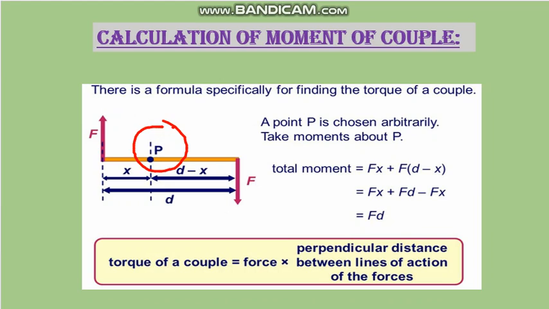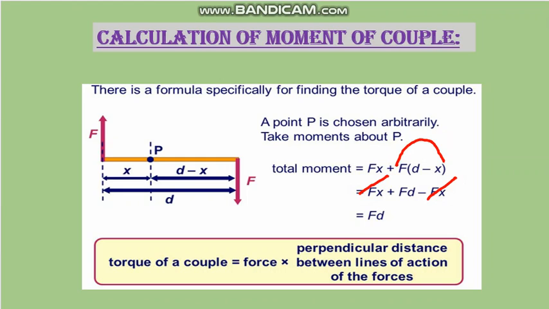Take moment about P. So this distance is x and this distance is d minus x. So F multiplied by d is equal to Fd minus F multiplied by x is Fx, plus Fx minus Fx cancel, equal to Fd.